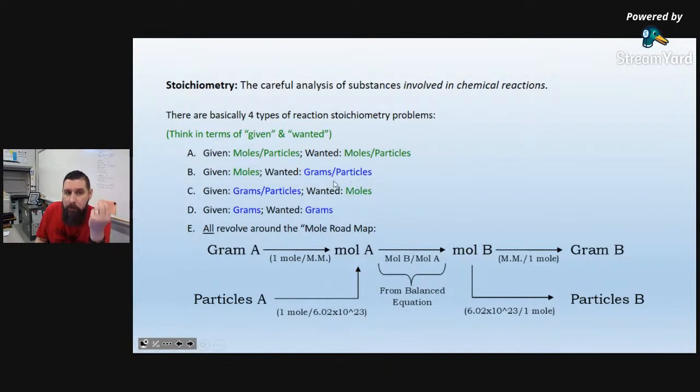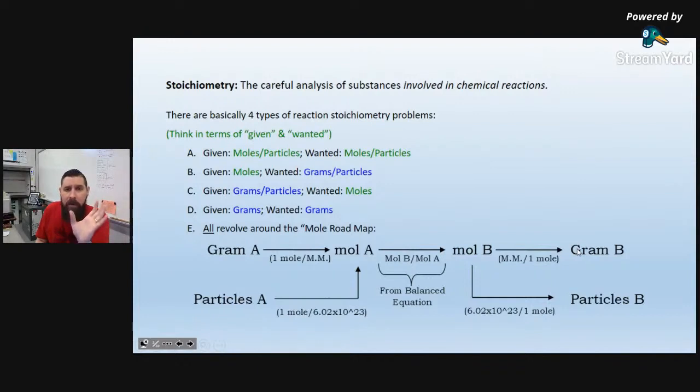For the second type, moles given going to grams or particles, I'd start at moles of A and I'm going to use that balanced equation to calculate my moles of B, and then either use the molar mass to calculate grams of B, or since I'm sitting at moles of B, I can use Avogadro's number to calculate the particles of B. Now, again, if you don't know how to calculate molar mass or what Avogadro's number is, I suggest once again, you stop this video and go back and watch the videos that I've already made on calculating molar mass and atomic mass.